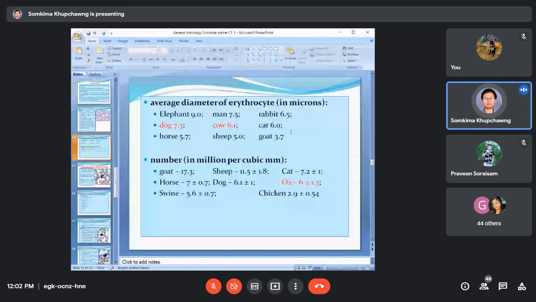So in general, the average diameter of erythrocytes is around 6 to 7 microns. And then the number is given in millions per cubic millimeter. You can see by yourself: in the case of ox, 6 million plus or minus 1.3 per cubic millimeter.